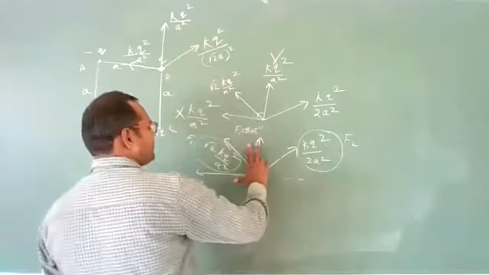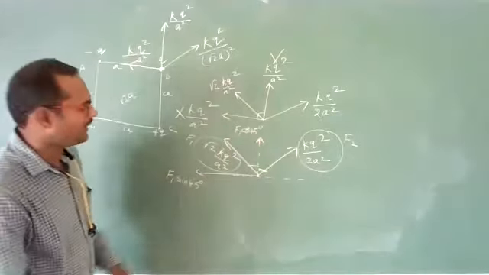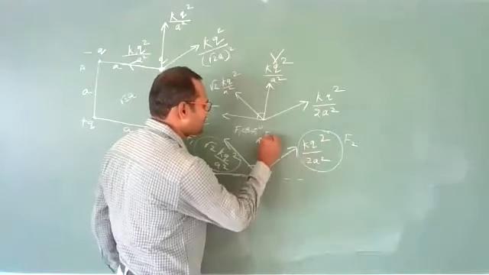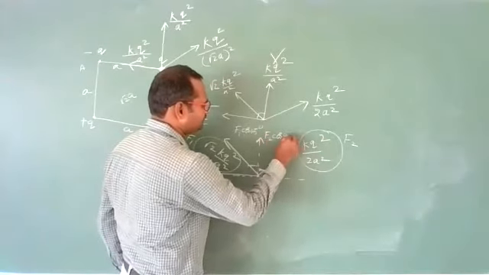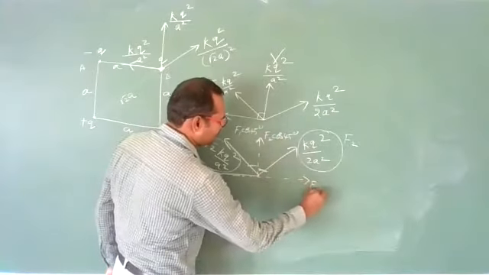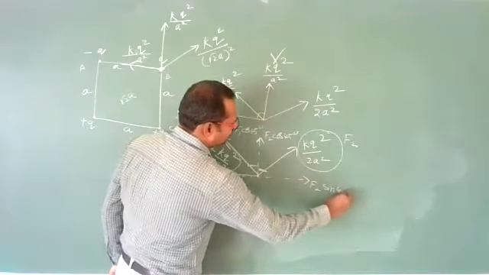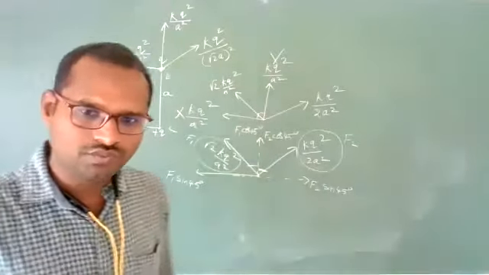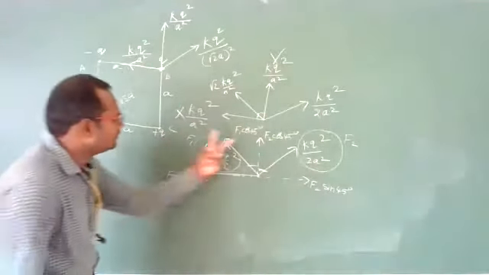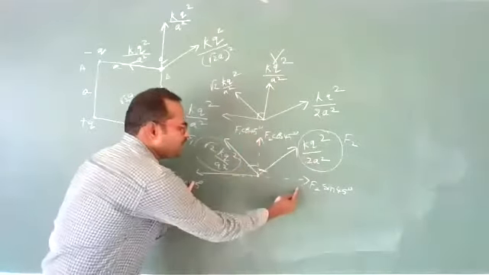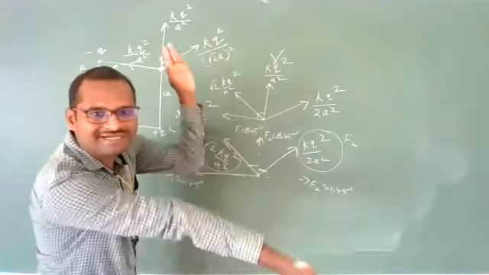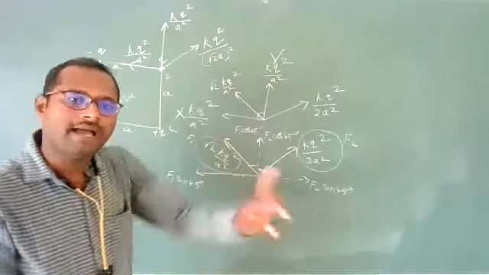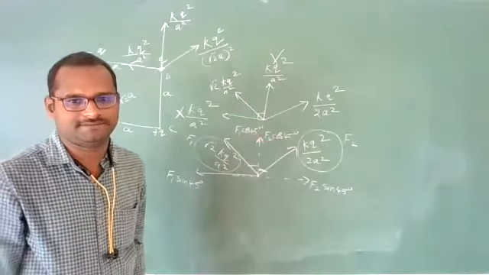Again this vector F2 makes a 45 degree angle; its components are F2 cos 45 and F2 sin 45. The value at 45 degrees is 1 by √2. These two will add up and these two will subtract. You will get two perpendicular vectors in a right angle triangle again. Take the resultant again and you will get the final answer.